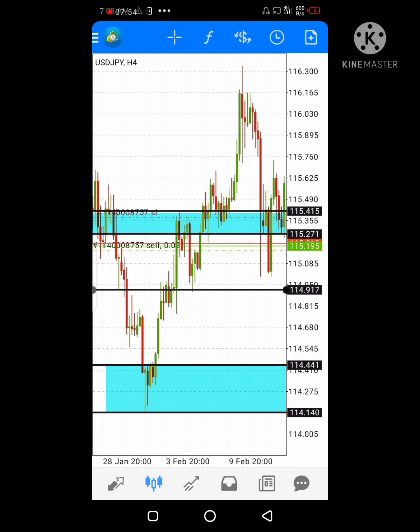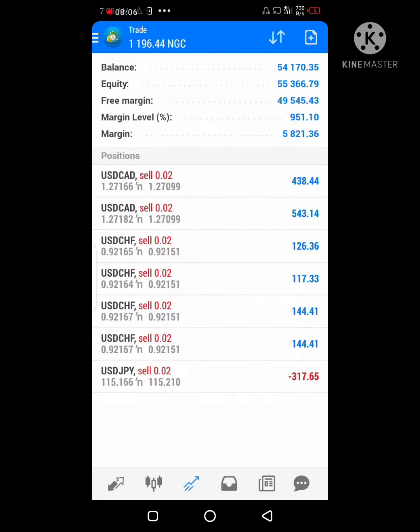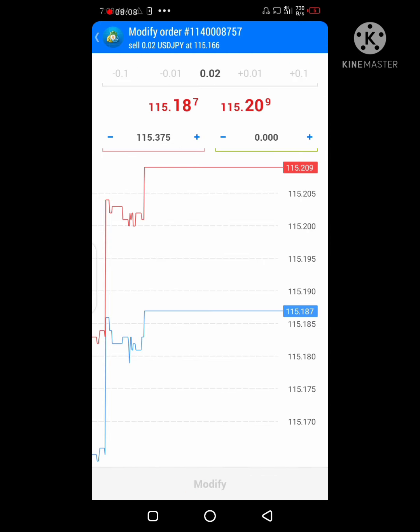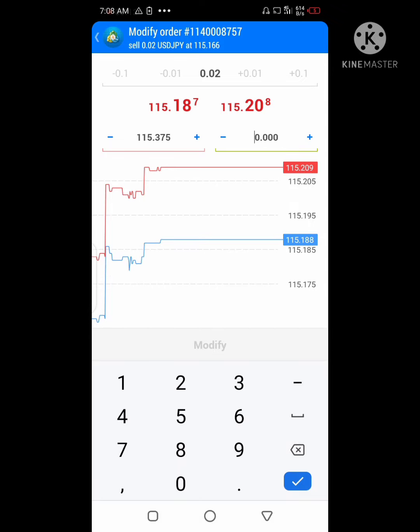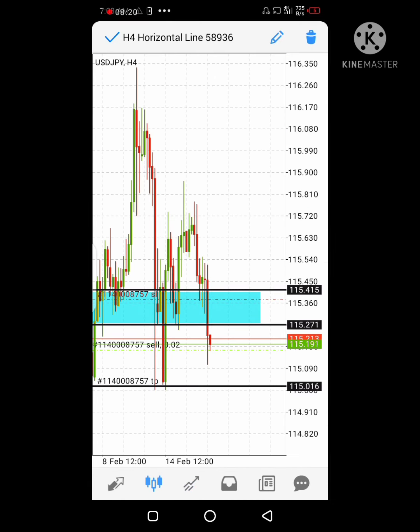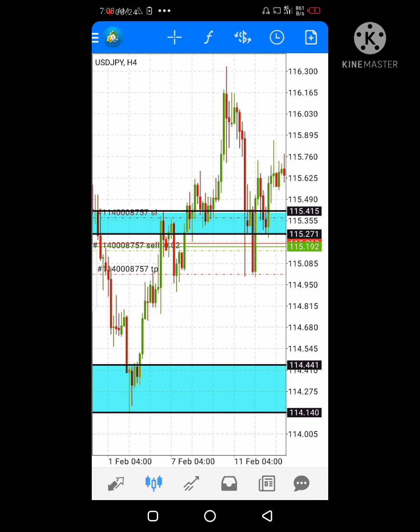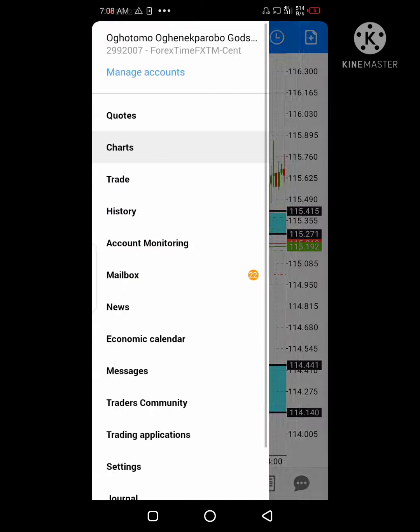We're not expecting a breakout. So we're going to push it here to be 115.016. That will be our first take profit.